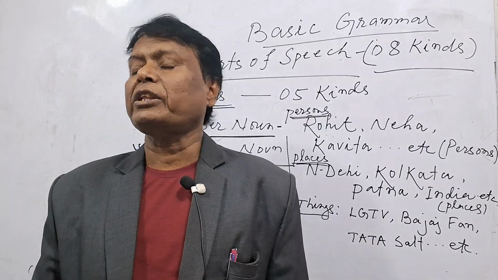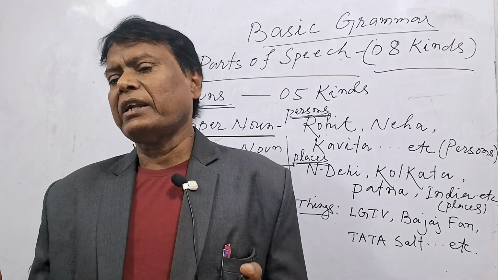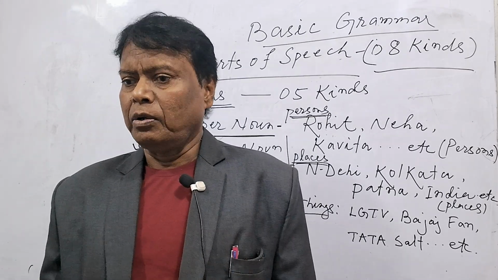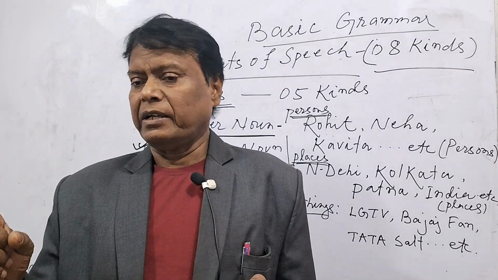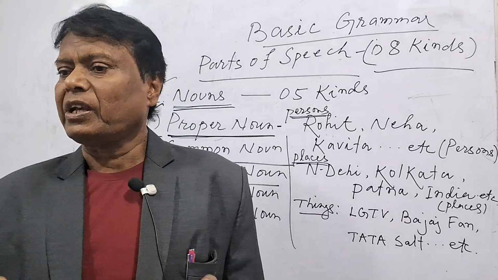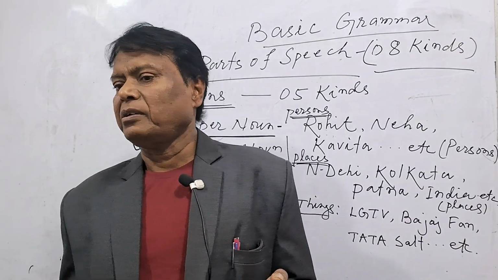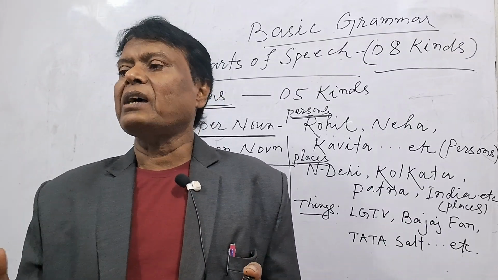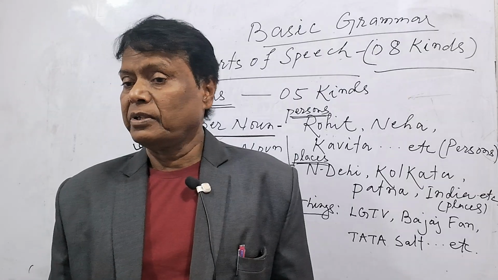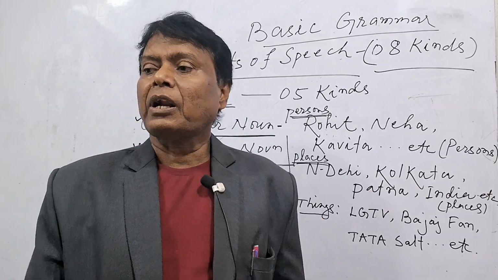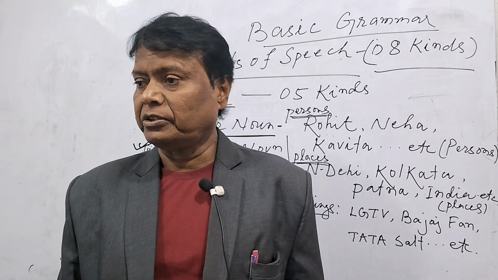There is a big crowd in the market. Crowd is a collective noun. Crowd means people. भीड़ एक है, but people are many. Class एक है, students are many. So the class of students, a crowd of people, a shoal of fish.